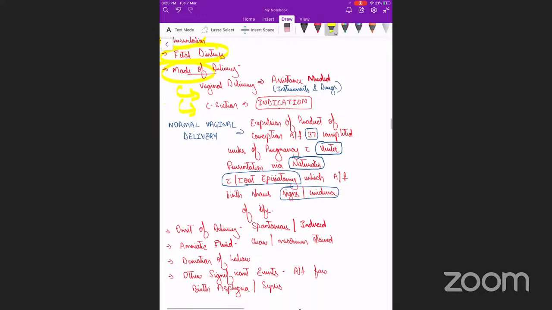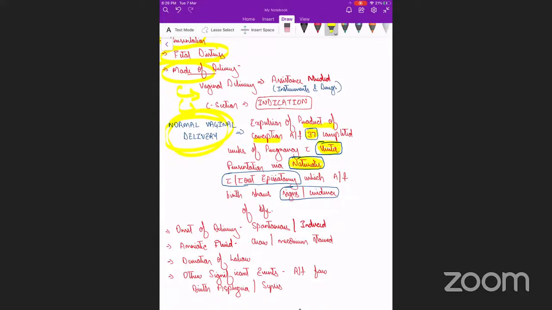Fine. Next, they might ask you, what is a normal vaginal delivery? Okay, the definition of normal vaginal delivery. So listen properly. It is expulsion of the products of conception after 37 completed weeks of pregnancy, so it should be a term baby, with vertex presentation, via the naturalis.